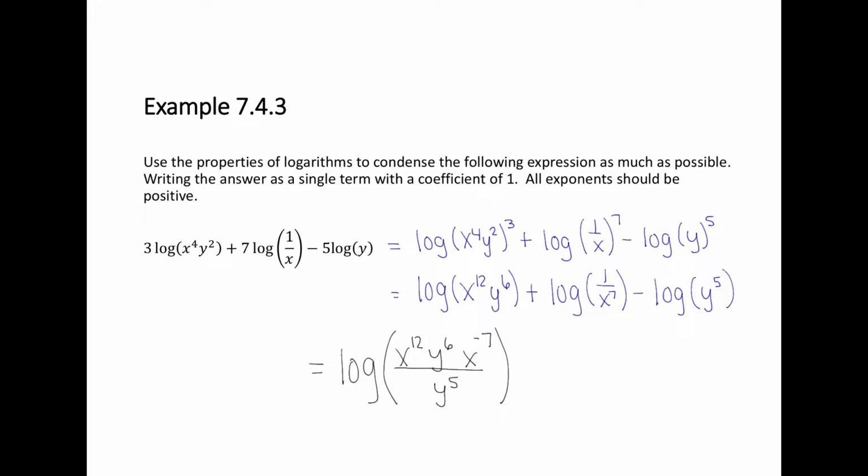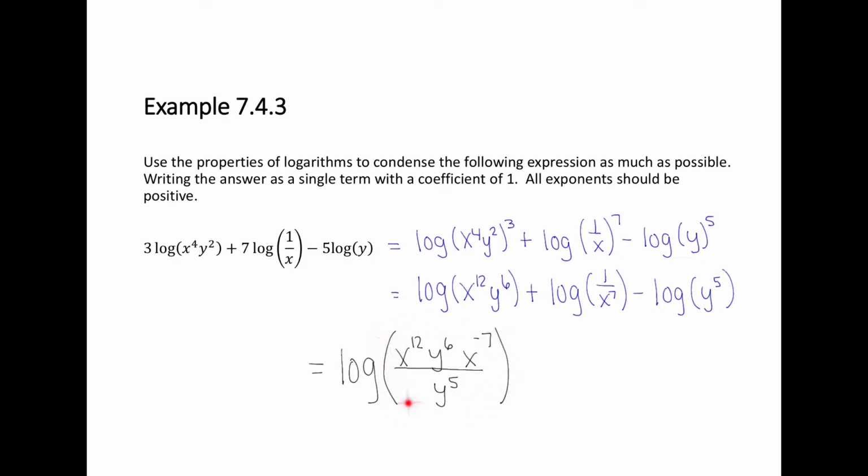Okay, where did the negative 7 come from? Since my x is in the denominator here, to move it to the numerator, I have to switch it to a negative number. Okay, so when I brought it to the numerator, it goes up here. I could have put it in the denominator, but it's easier to think of this way.